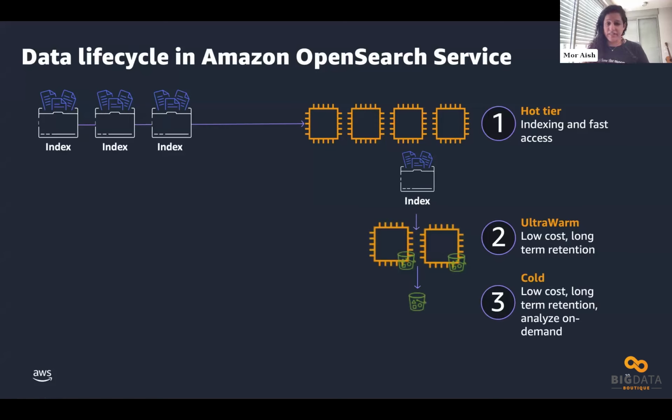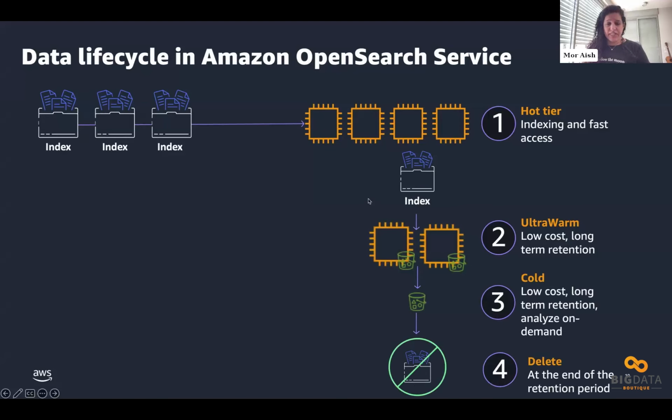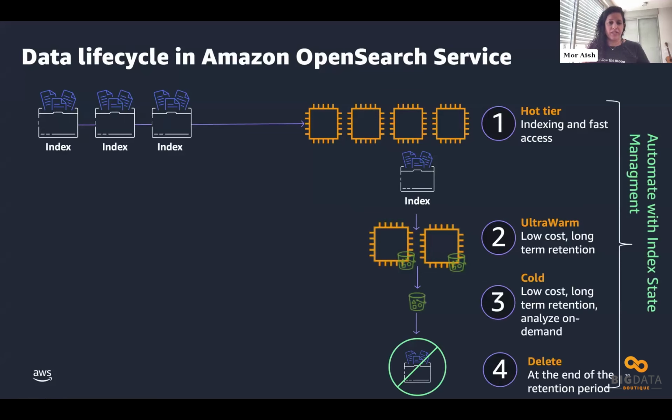After that year, we no longer need that data at all, so we can just simply delete it. We can automate this entire process using the Index State Management, or ISM, tool and have it done automatically for each and every index or cluster that we manage.